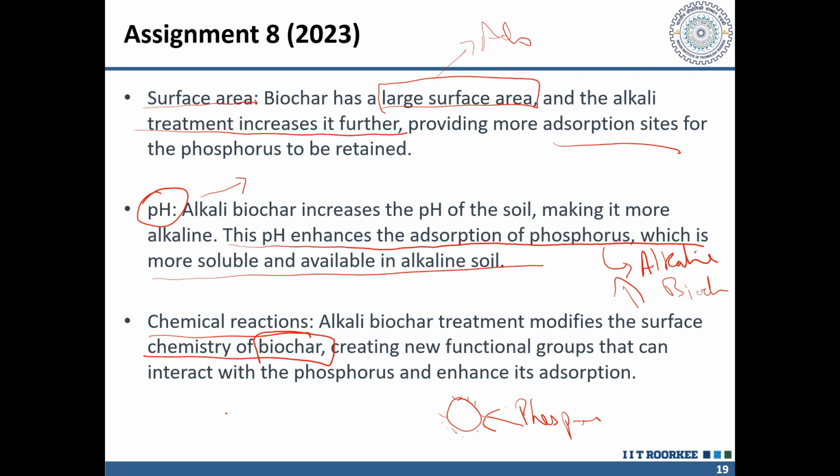So the new functional groups, the pH, and the increased surface area, these three happen due to the alkali treatment of biochar. Therefore, the adsorption of phosphorus on biochar increases, and hence it can be more useful in increasing the soil quality.